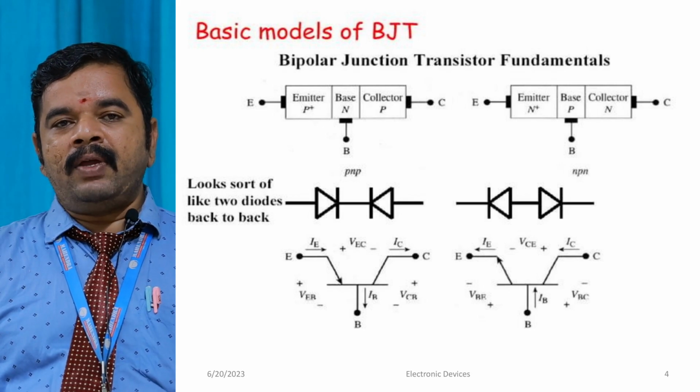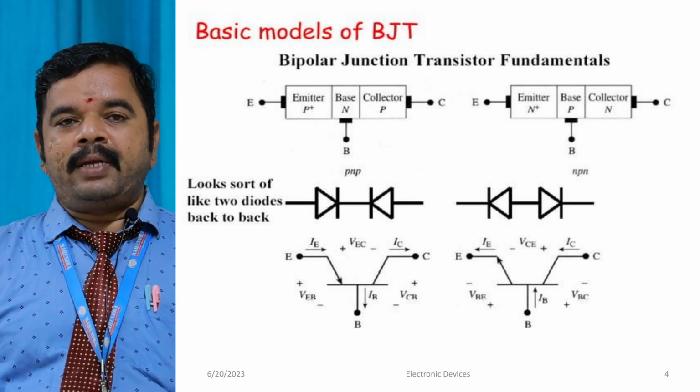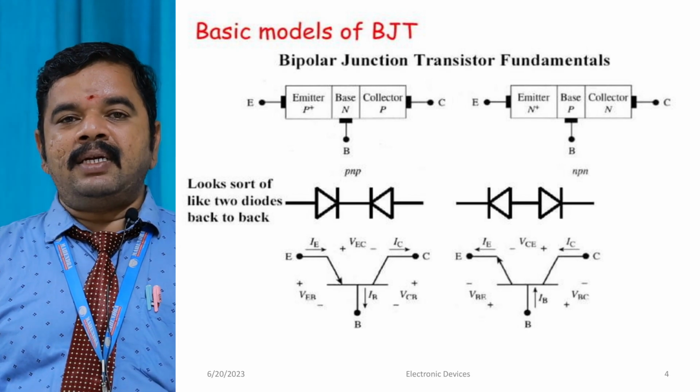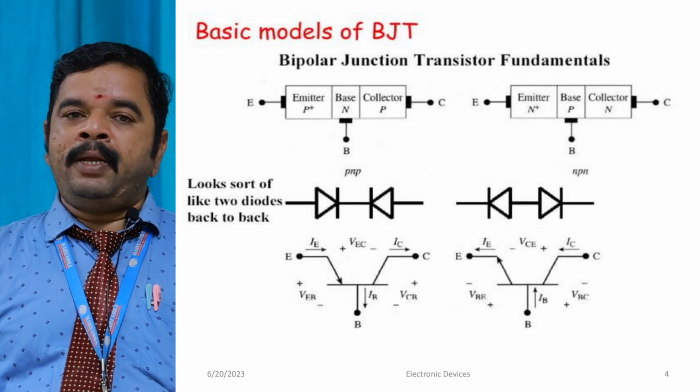Emitter, base and collector. In an NPN transistor, the emitter is n-type semiconductor, the collector is n-type semiconductor, and the base is p-type semiconductor.